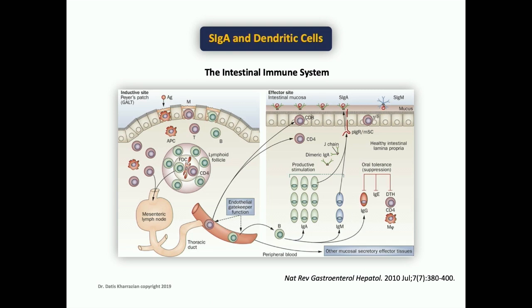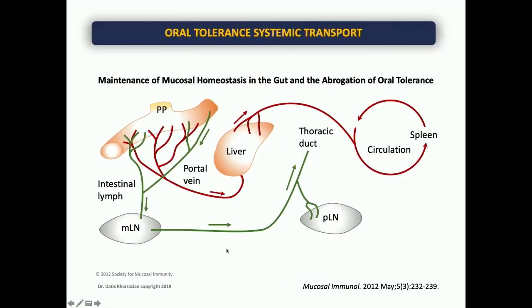Now, when antigens come in and the immune system reacts against them, they get taken up in Peyer's patches. You can see those in histology slides of the gut. And the mesenteric lymph nodes take them up. Here's the image: MLN, mesenteric lymph nodes. Here's the Peyer's patches, PP.